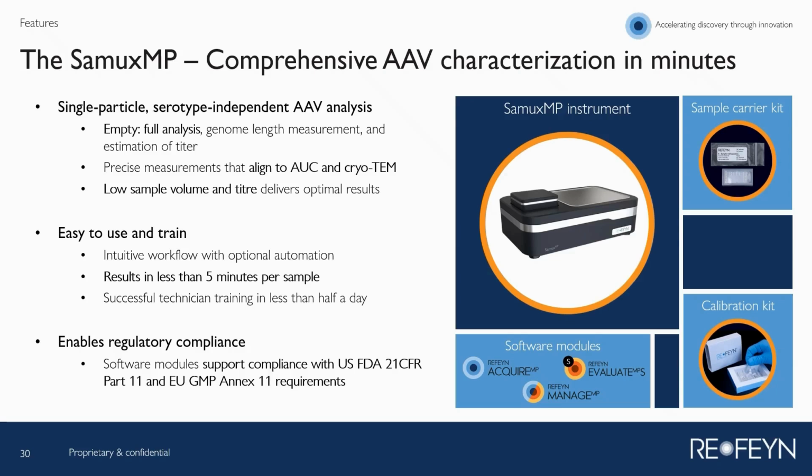Its intuitive workflow can now give you results in less than 5 minutes per sample, and it can be easily trained out to different personnel. With the GMP software release, it can now be adopted in both PD and GMP environments, thus helping us conclude that SAMX is indeed a comprehensive AAV characterization tool and has its significance in upstream process development. All can be done within minutes, at a cheaper cost, and in an easier fashion.